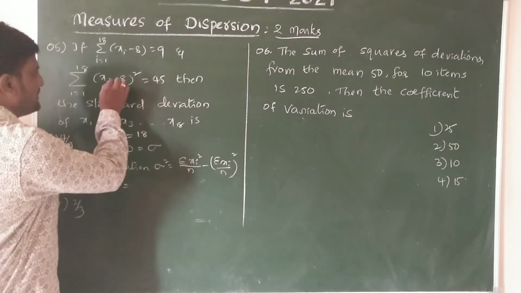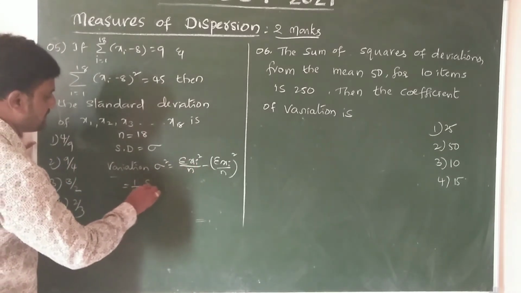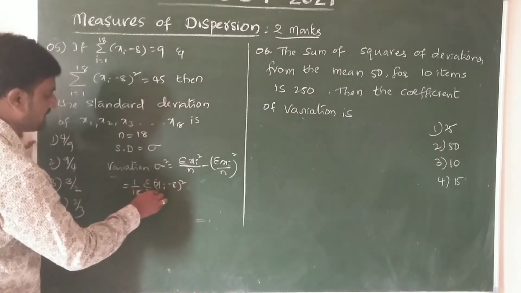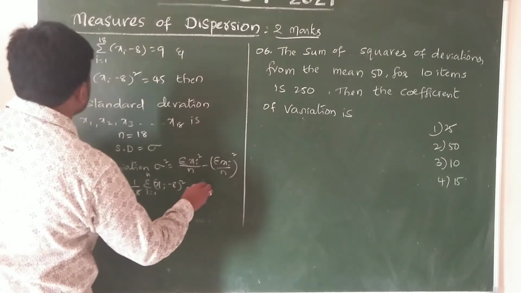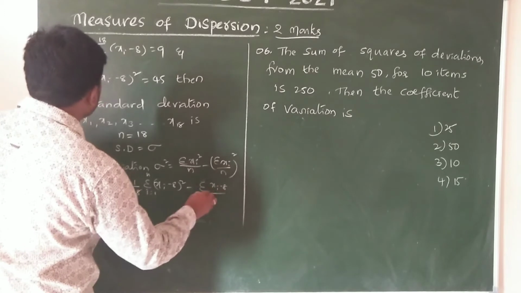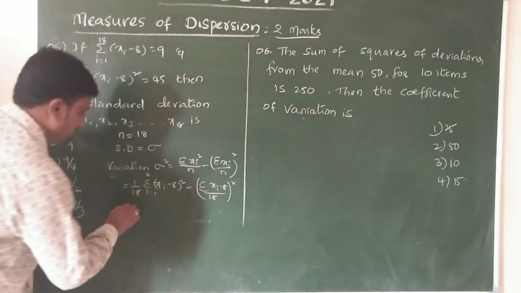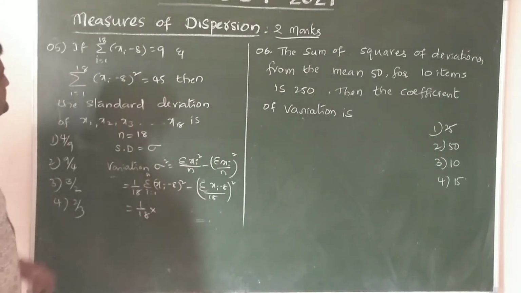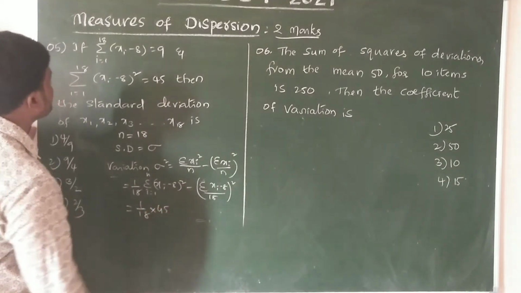which is nothing but summation xi square by n, 1 by 18 summation (xi minus 8) whole square, okay, i equals 1 to n, and also minus (summation (xi minus 8) by 18) whole square, okay, 1 by 18 into, now what's that, 1 by 18 into 45, yes or no?